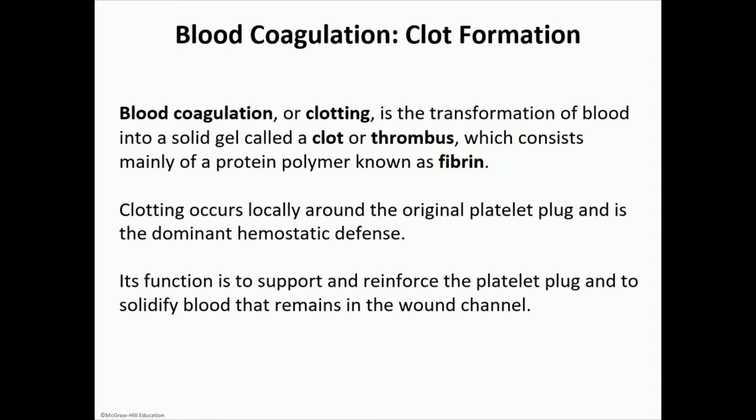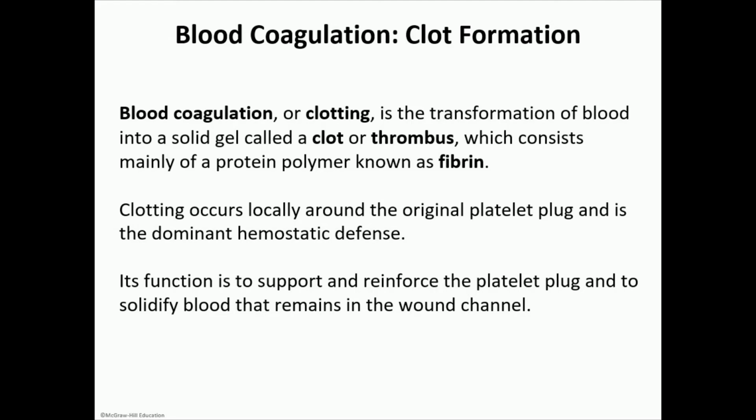And fibrinogen is made by the liver. Okay, so if somebody has liver failure, they would have a deficiency in fibrinogen, and that could lead to the loss of the ability to clot, which basically means that they're very prone to bleeding.